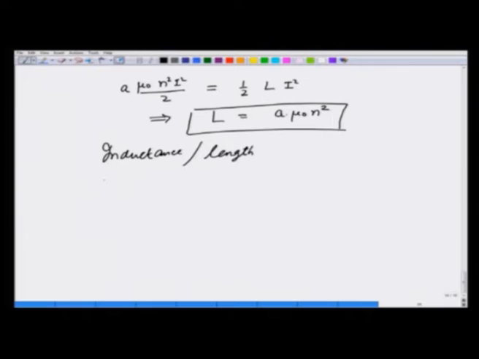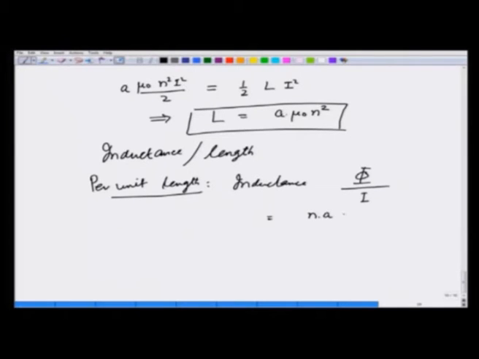For a solenoid, per unit length, the inductance will be phi, total flux that is passing through all these n turns, divided by I, which is going to be n times the area for these n turns.